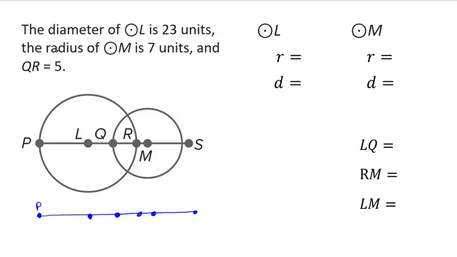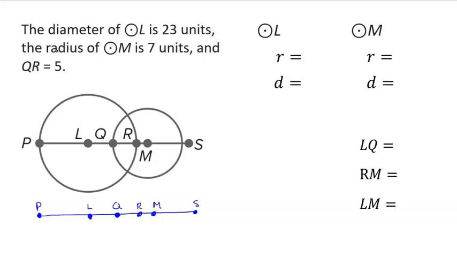And so I have P, L, Q, R, M, and S. Especially if you're taking a computer-based test, you don't need to make the entire diagram all the time. It doesn't have to be perfect.